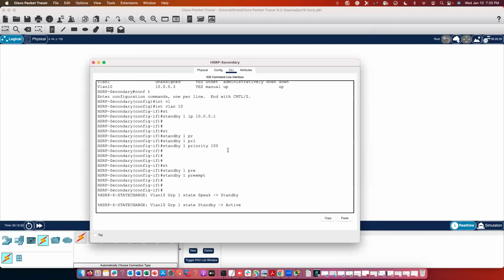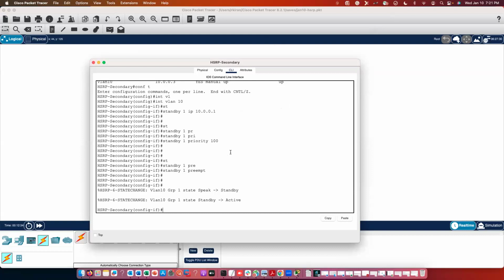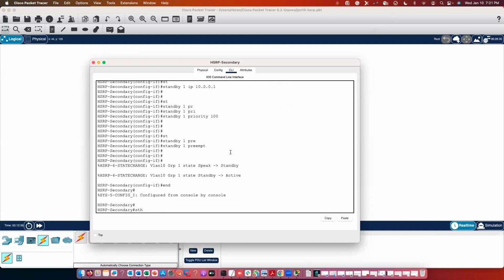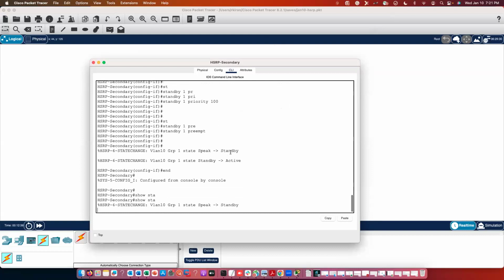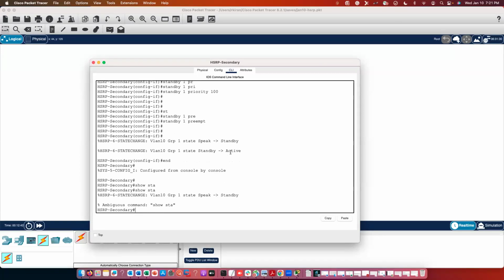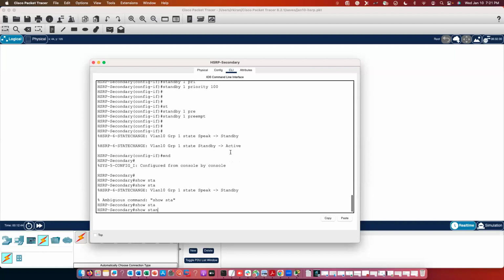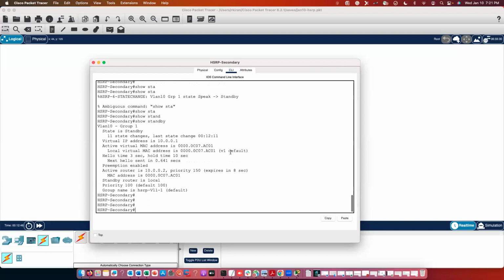Okay, so now let's see, show standby. It says VLAN 10 state is standby, the priority is 100.